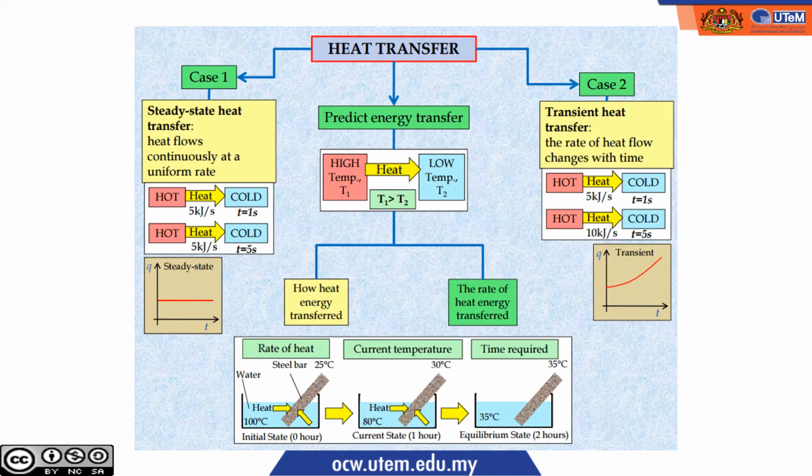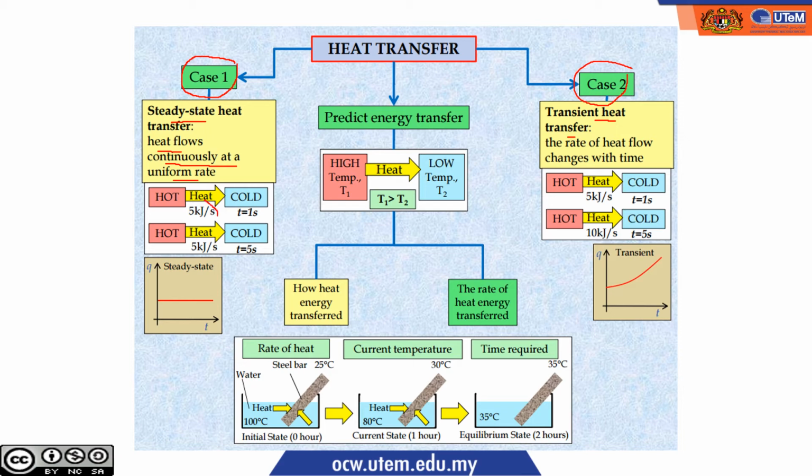Okay, heat transfer, we have two cases of heat transfer. One is steady state heat transfer, and the other one is transient heat transfer, case 2. Okay, what is steady state heat transfer? It is heat flowing continuously at a uniform rate.